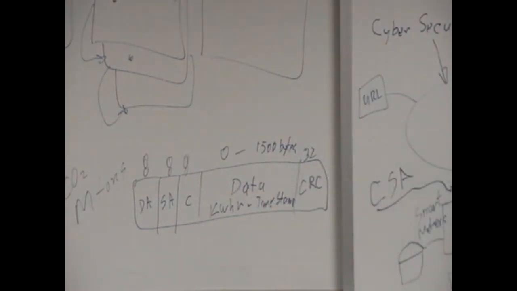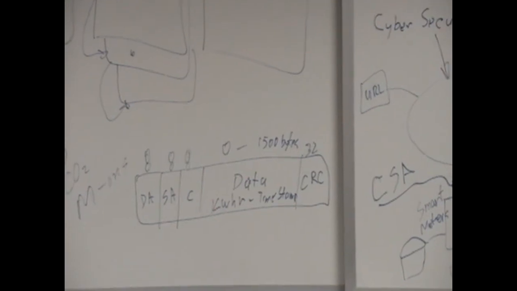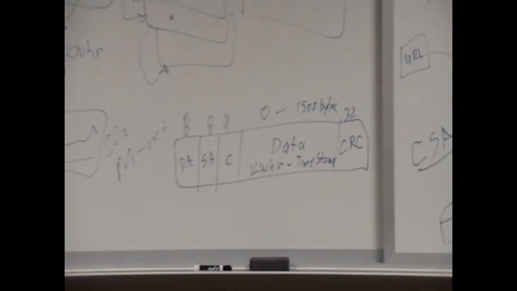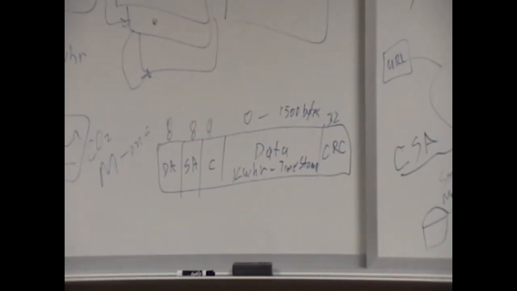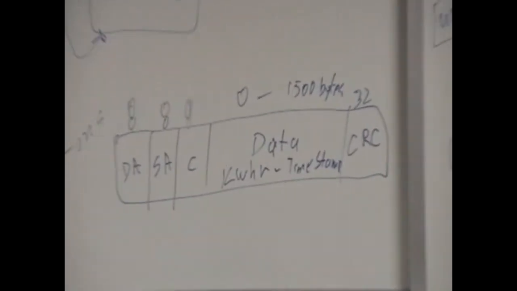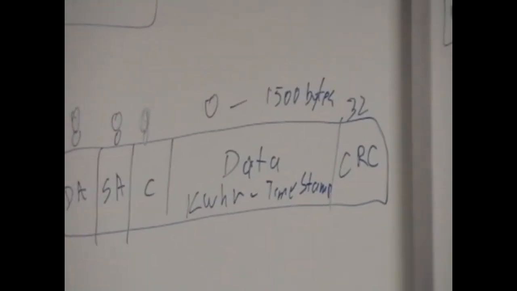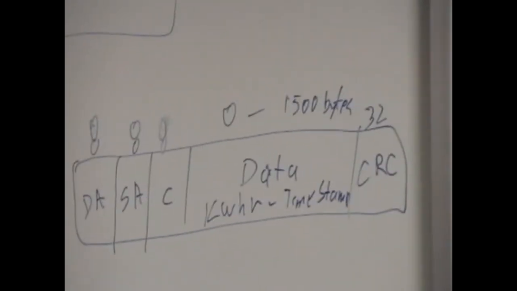Some of you have looked at the Ethernet layers, the physical layer. So it'll look like that, and the data itself will be either in integer form, or it may be in scientific notation, you know, with a decimal point and then an exponent.